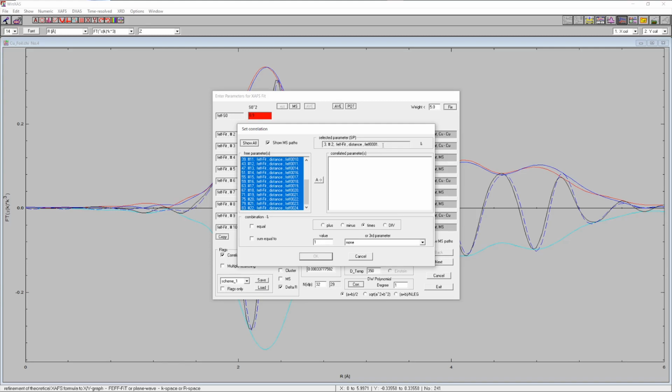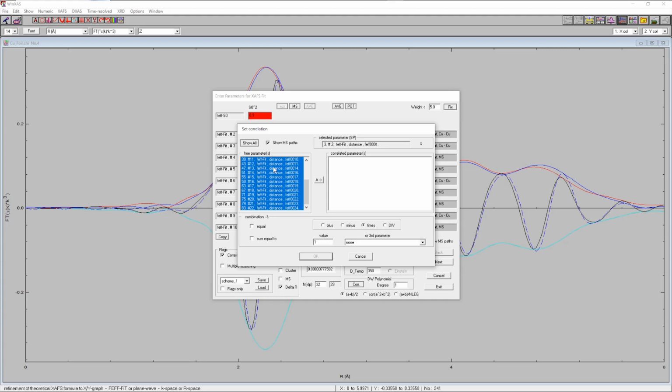So this is the first shell delta R, and all the delta R values of the other shells are to be the same in the refinement. So there are different combinations, different options now. Here there's an equal, a plus, a minus a value.